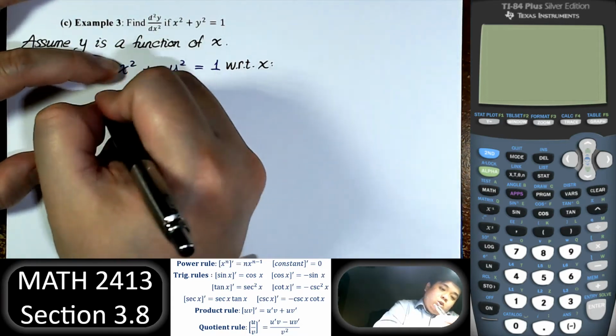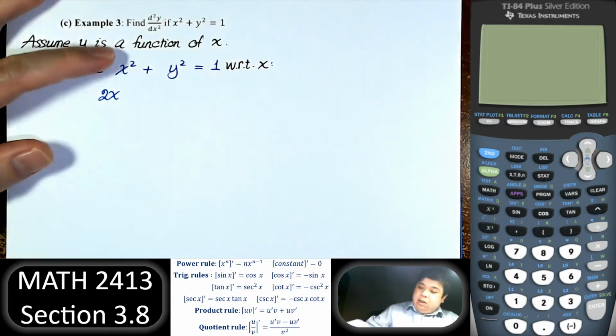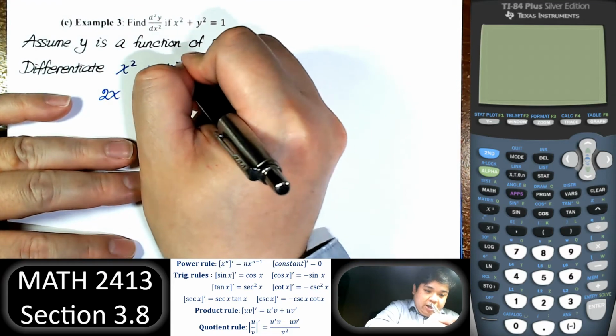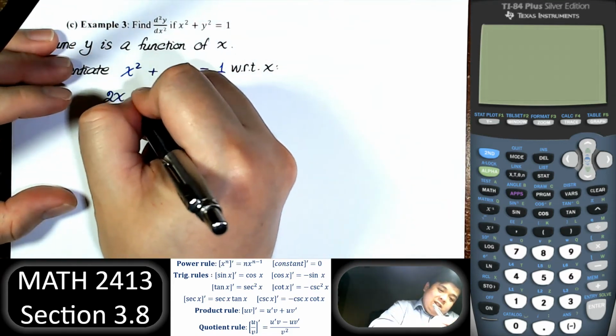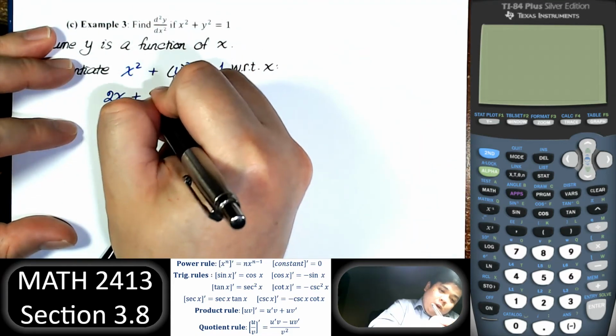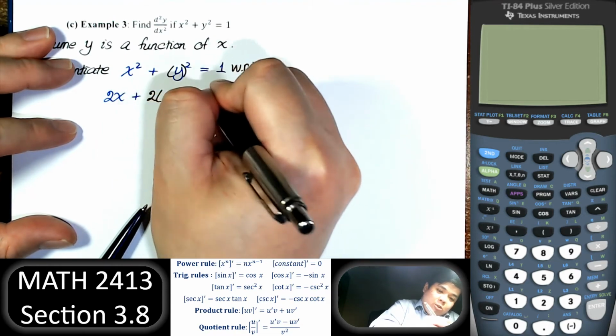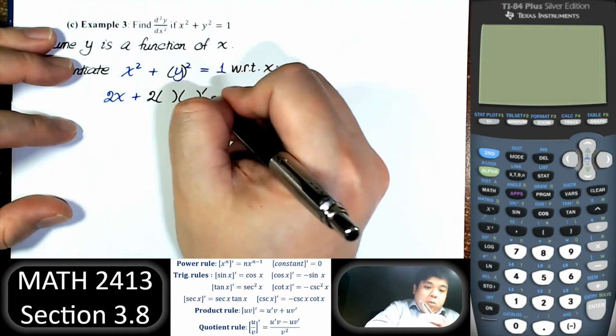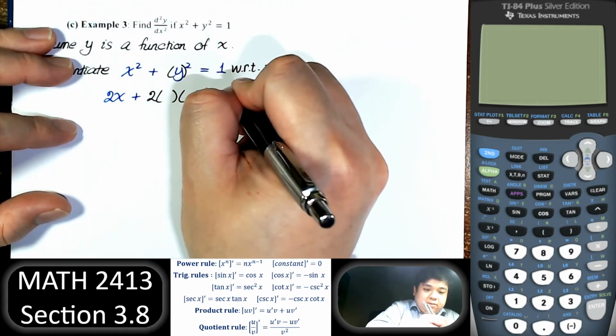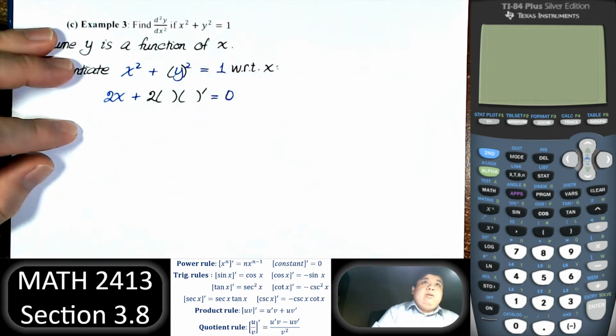Derivative of x squared is 2x. Y is a function of x, so that gives us 2 times the parentheses prime. Derivative of 1, that constant, is going to be 0.